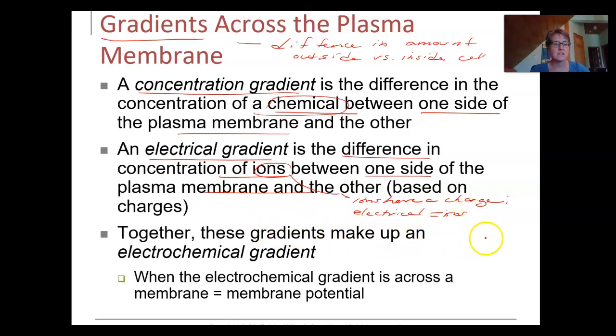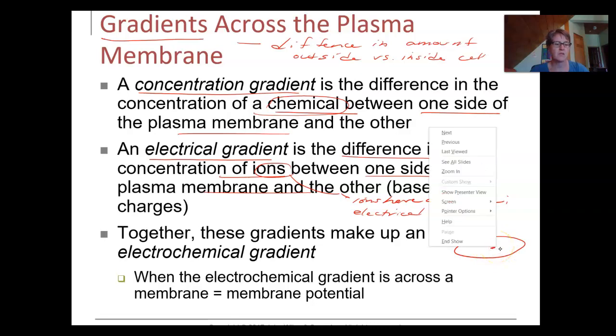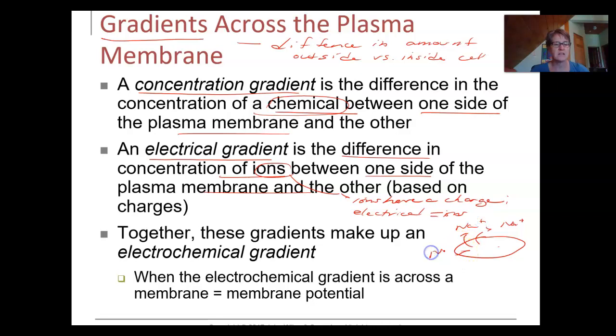And so if I take a cell, here's my little cell. I say, hey, I'm going to pump more sodium outside than inside, okay? The sodium part is chemical, but that sodium ion also has a plus charge.